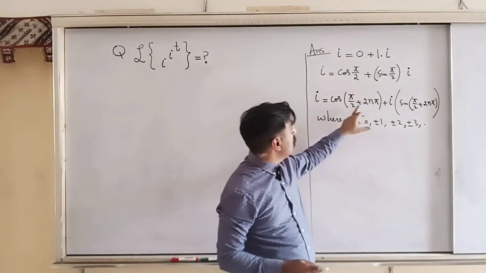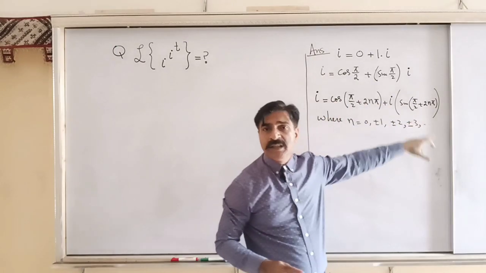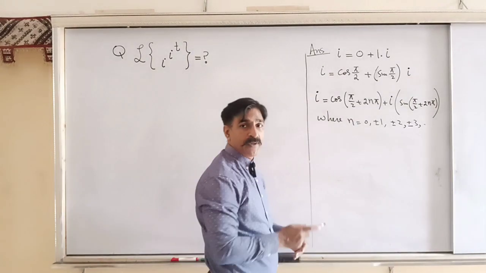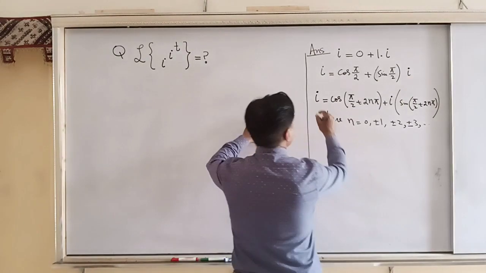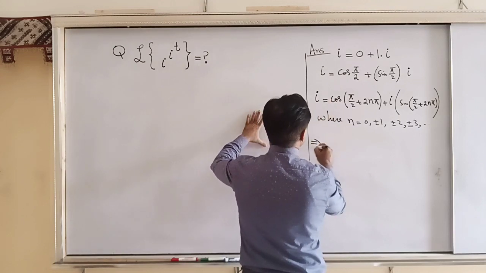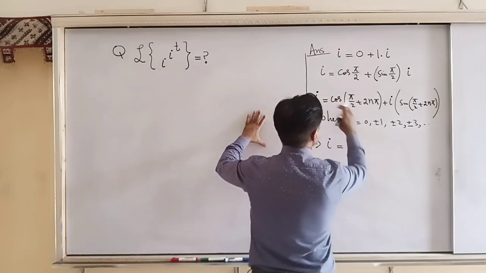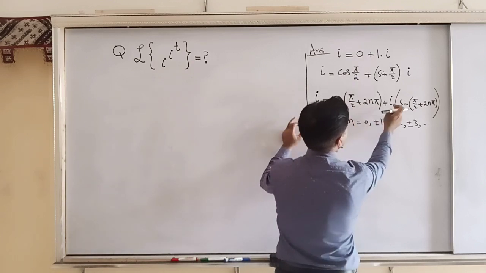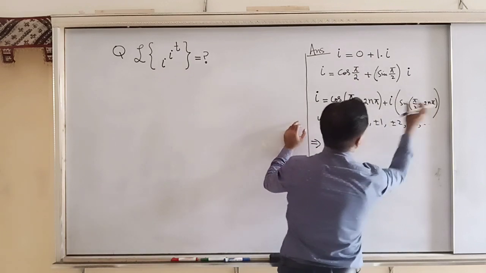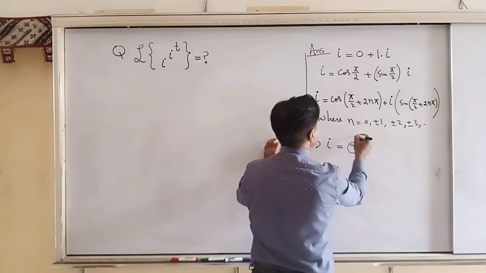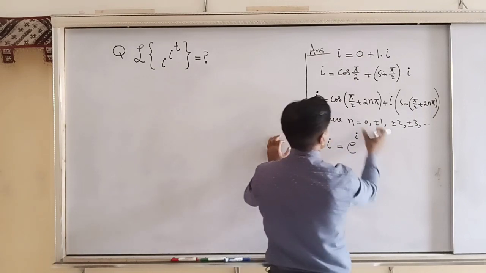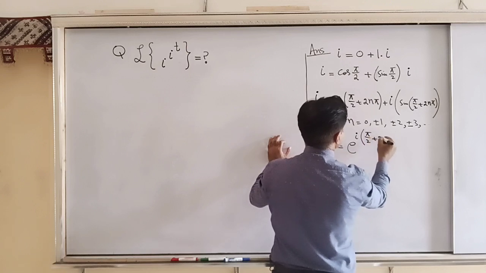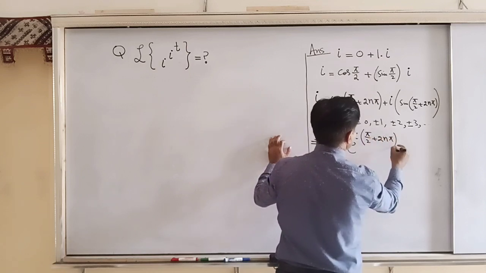Now cos theta plus iota sine theta can be turned into an exponential by virtue of Euler's formula. So you can write this as e to the power iota into theta, and theta is pi by 2 plus 2n pi.